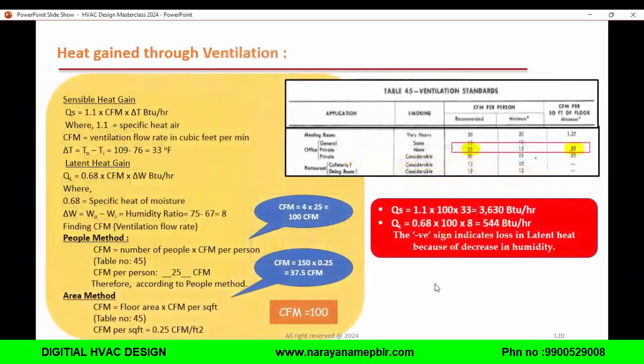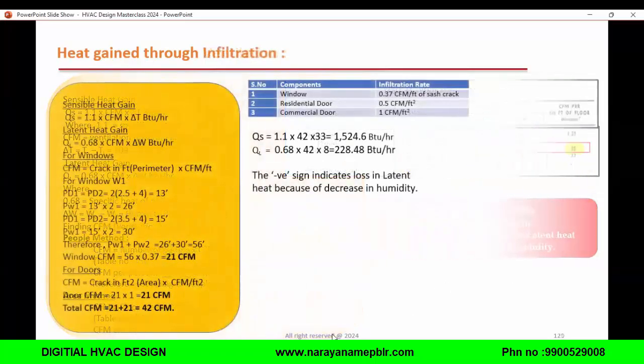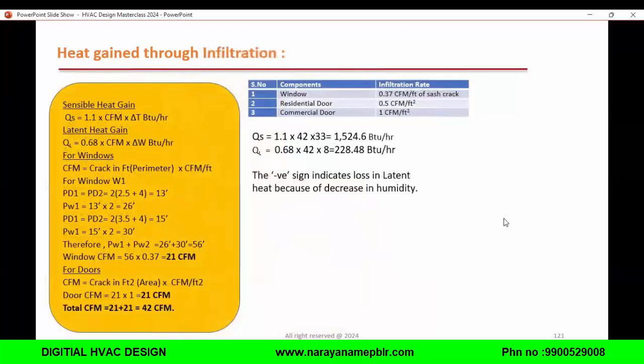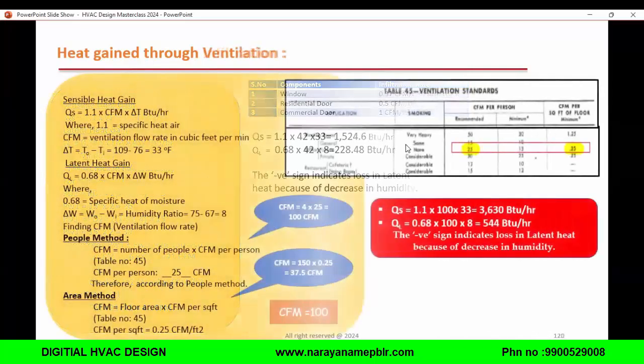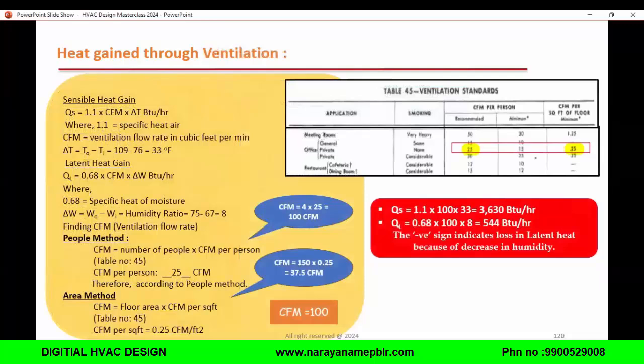Next, we have ventilation and infiltration. This is a separate category. We'll discuss it tomorrow. I think you need to practice because a lot of content we discussed. It will be difficult for you to digest everything in one day.